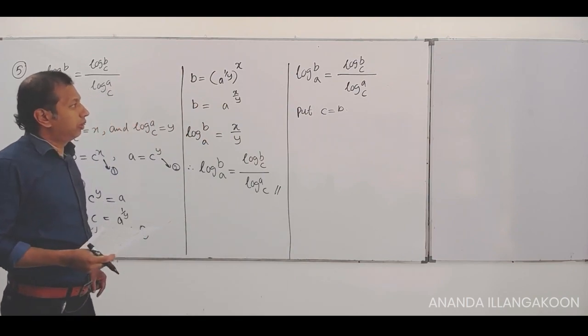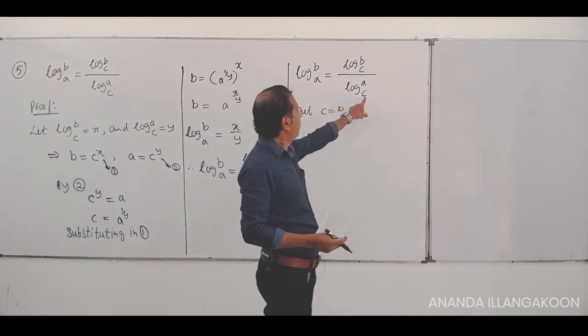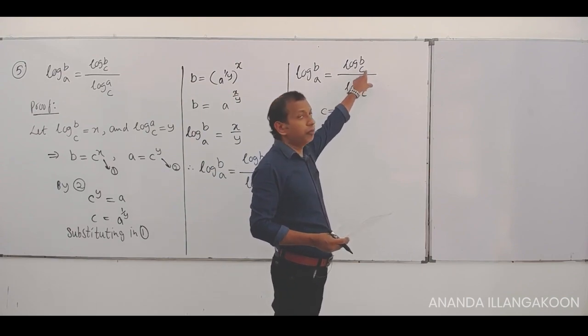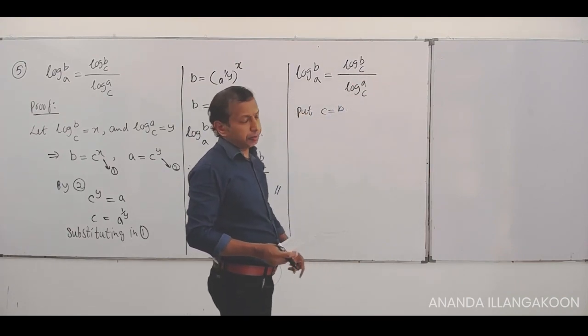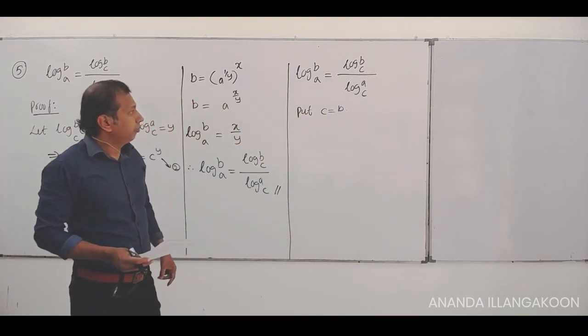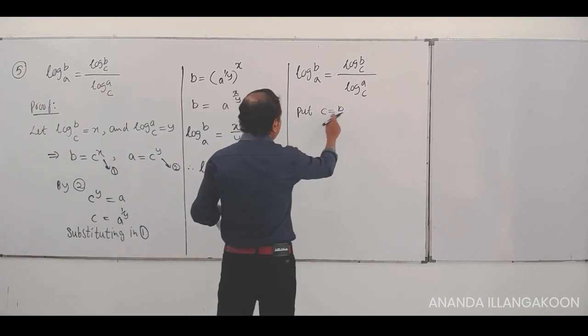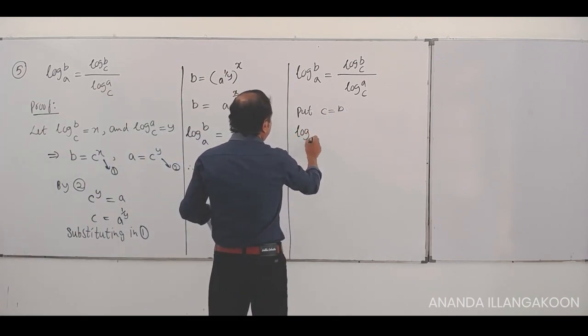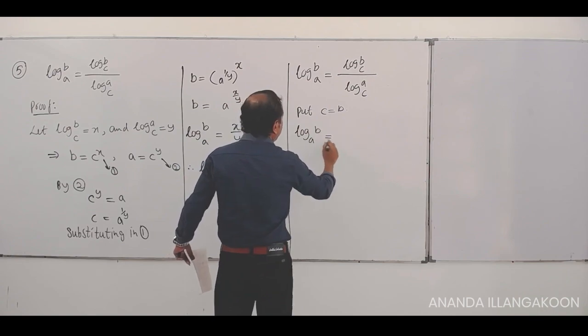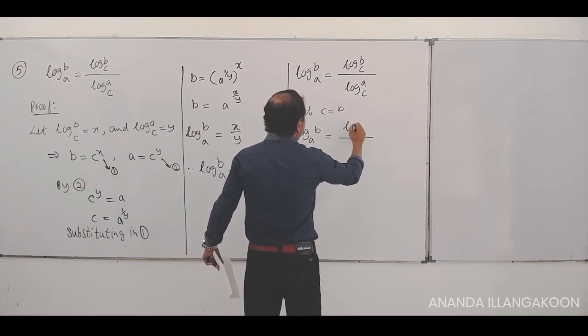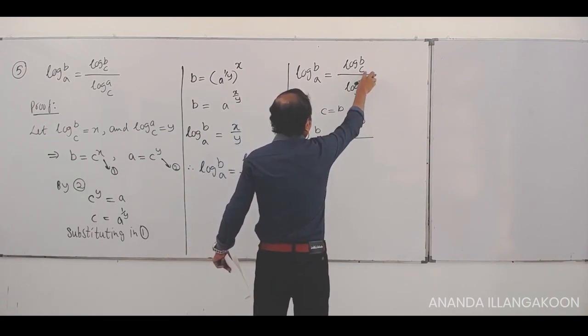For the letter c, we are going to put b. Right. Then what happens? For c only we put b. Log b to the base a. For the c I put b.